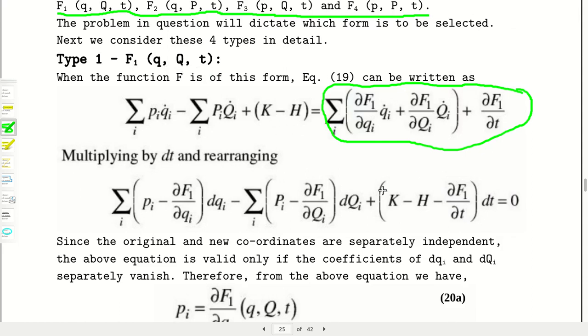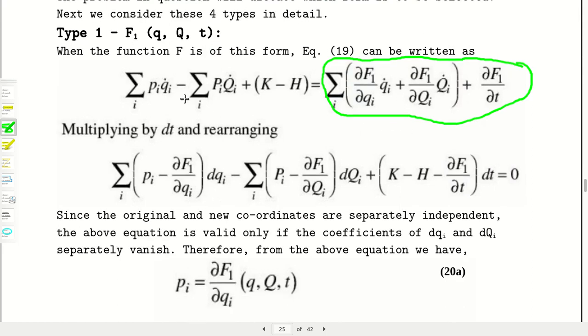So you have these equations and you rearrange, taking the same and multiplying both sides by dt. So q dot will be dq, and here also capital dQ, and here dt will be multiplied, k minus h.